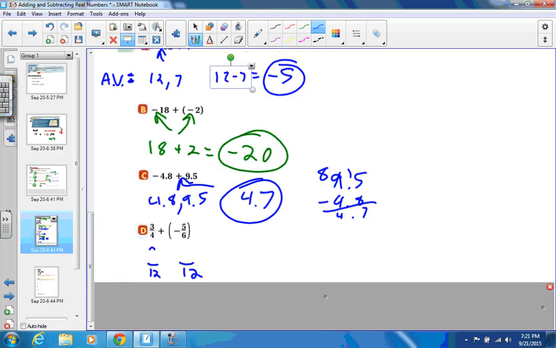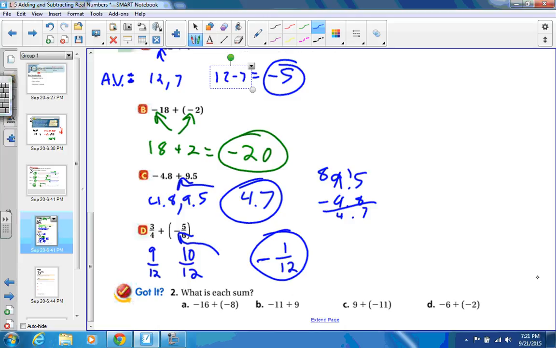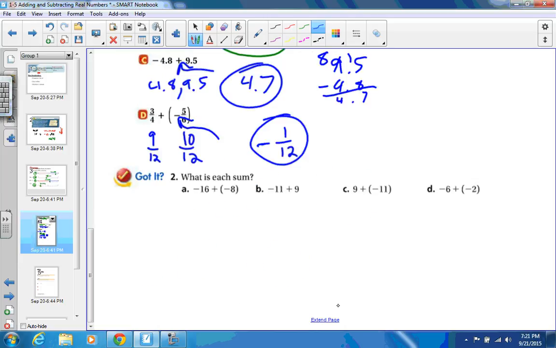This is 9/12, and this would be negative 10/12, or in this case positive because we're looking at the absolute value. So the difference between those is 1/12. And the bigger one is actually this one, so it's a negative, and our answer is going to be negative as well.